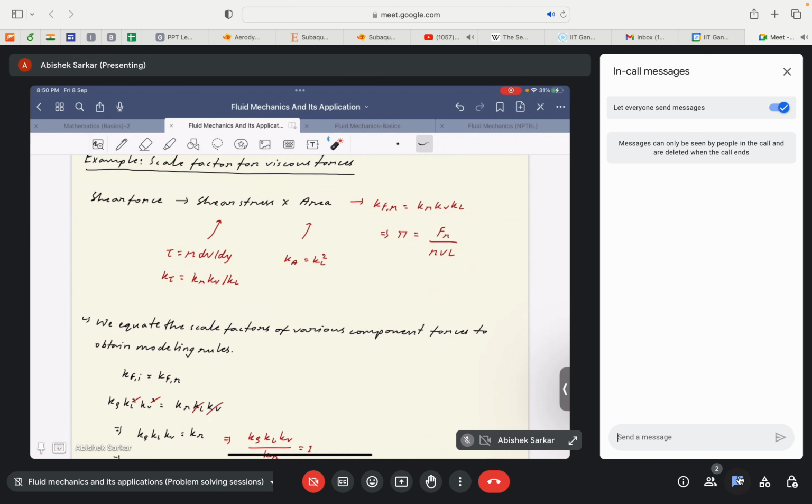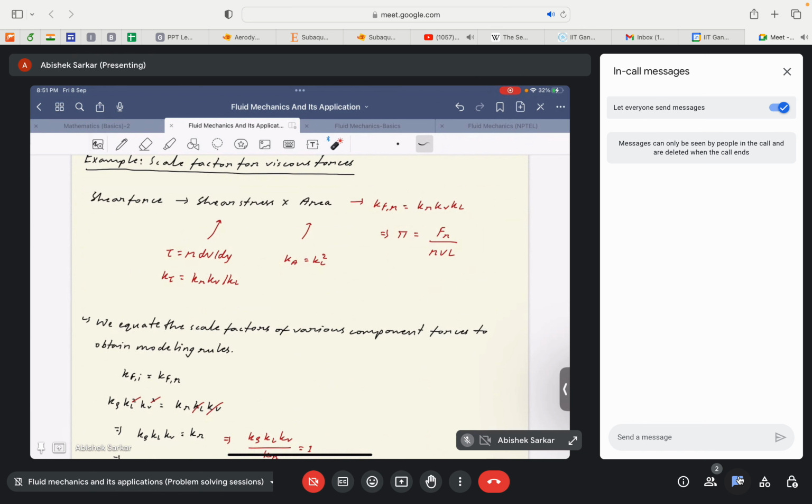Now, once we know how the different types of forces, basically the shear forces, the pressure force and the body force, scale in the flow field, and once we know which among these forces would actually balance each other or be the driving forces of the flow field, then since both of these forces are considerable in this particular fluid flow, these two forces must balance each other.